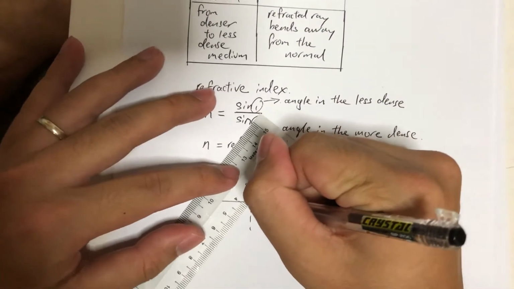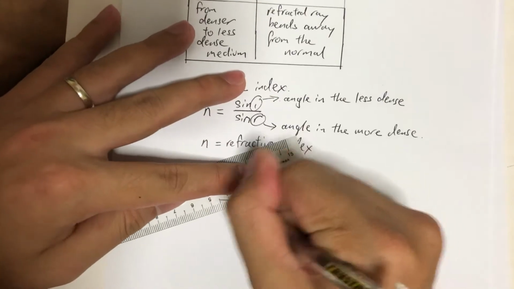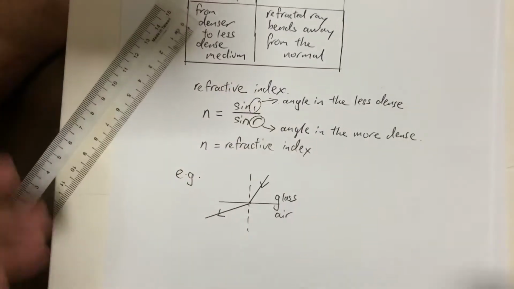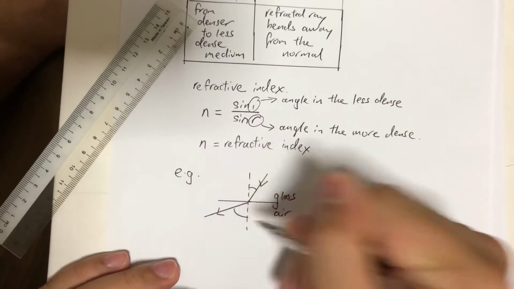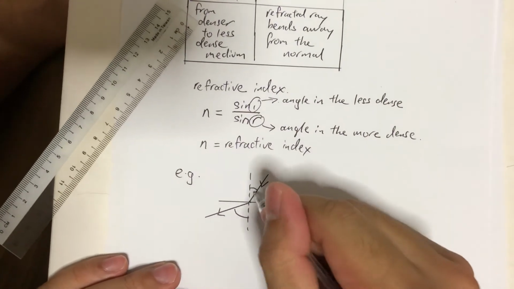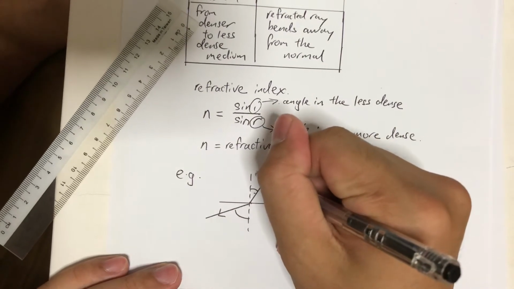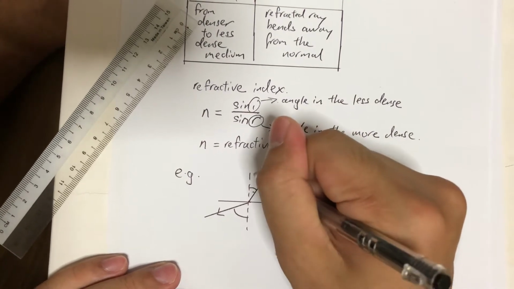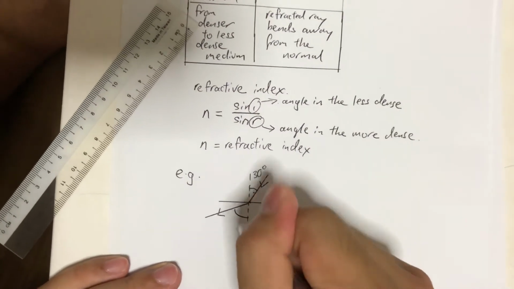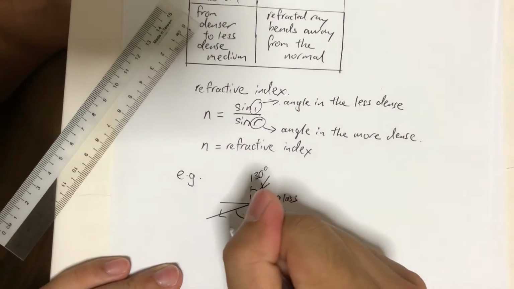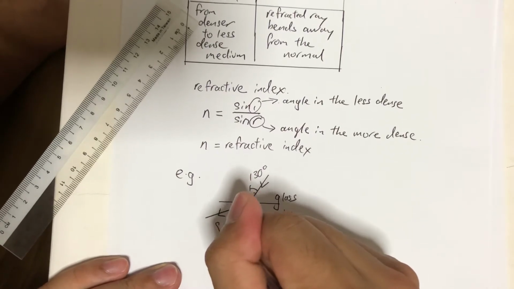So I shall illustrate it this way. And these two angles, this is now the angle of incidence. The angle of incidence here is, random number, maybe 30 degrees, and the angle of refraction here is let's say 80 degrees.